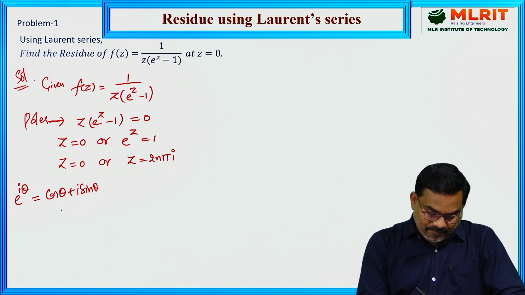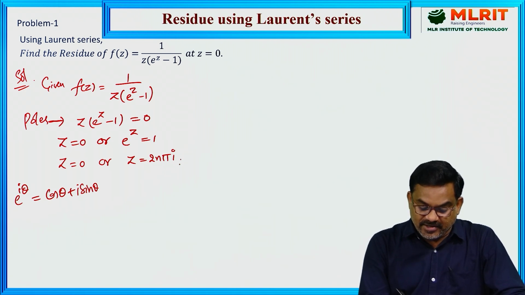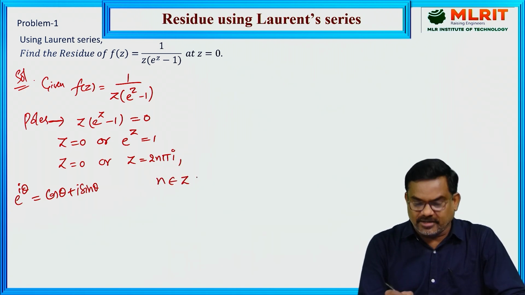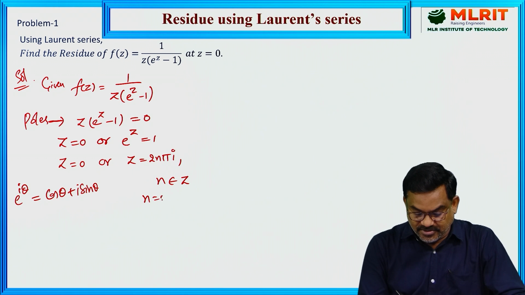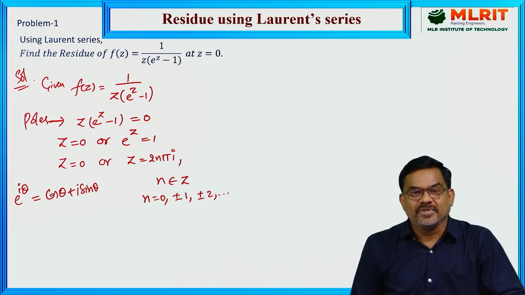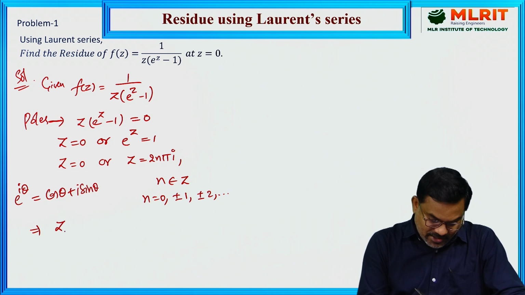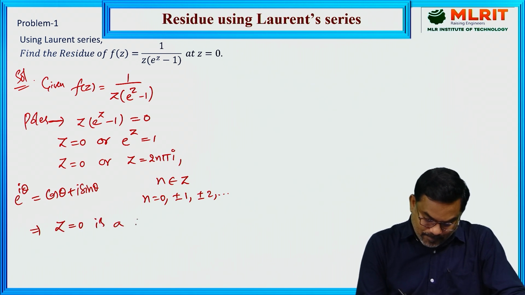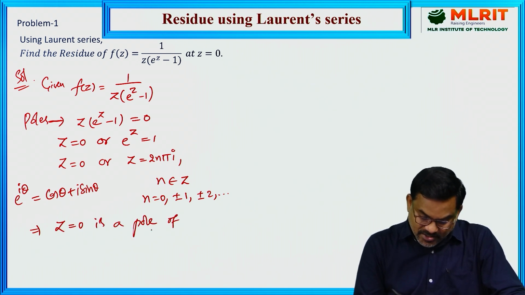Here n belongs to Z, the set of integers, that means 0, plus or minus 1, plus or minus 2 and so on. That implies z equal to 0 is a pole of order 2.